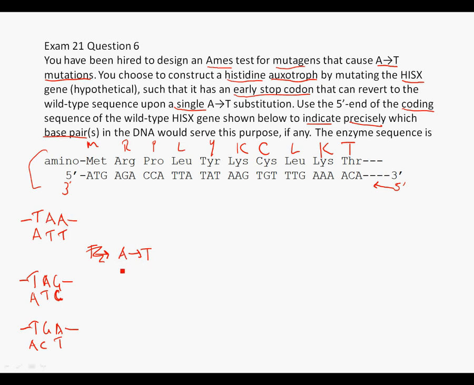Well, considering that DNA is double-stranded, an A to T is the same as a T to A in the other direction.